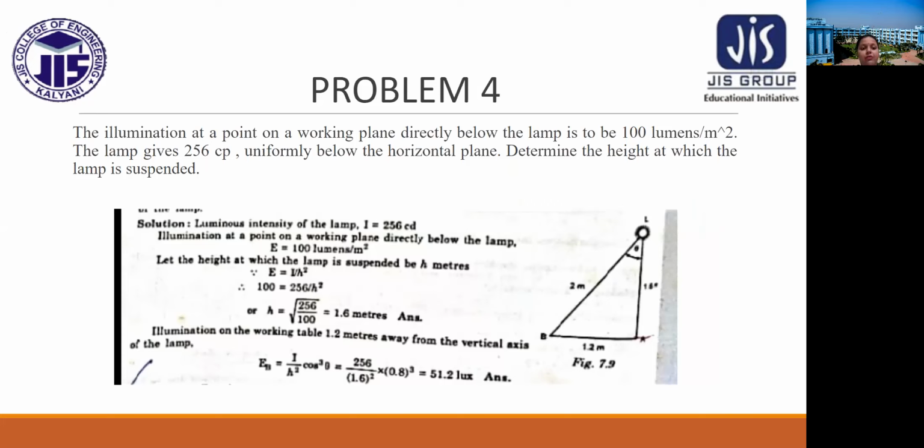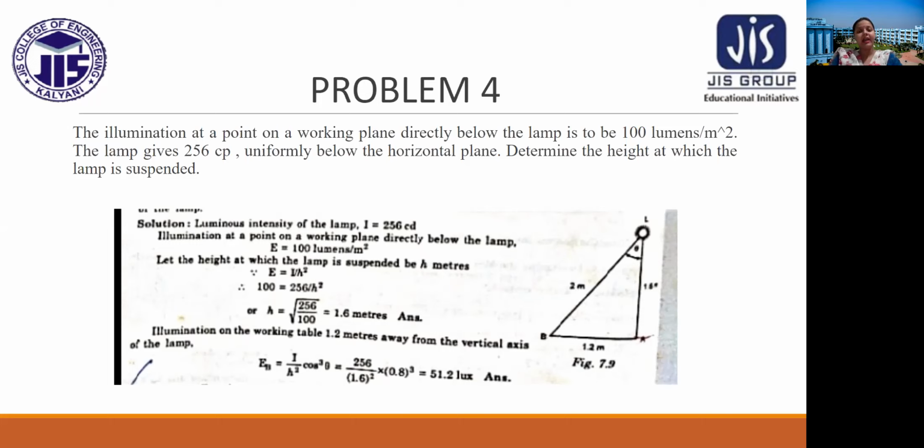So here the solution will be, luminous intensity of the lamp, it is mentioned that it is 256 candle power. Now illumination at a point on working plane directly below the lamp, it is 100 lumen per meter square. It is mentioned over there.